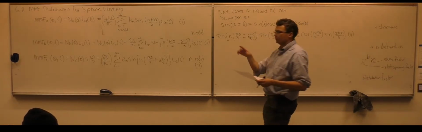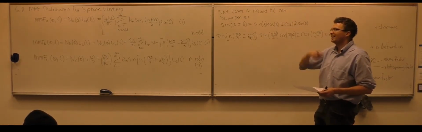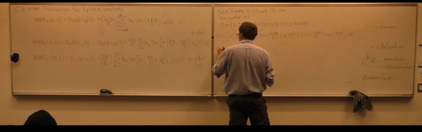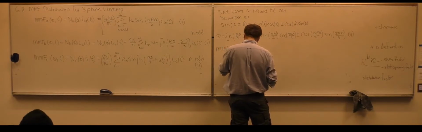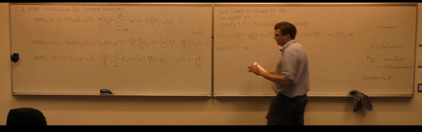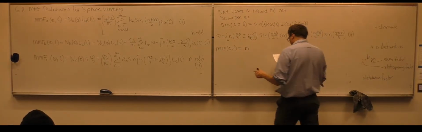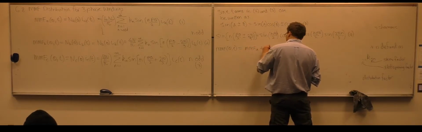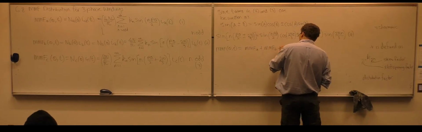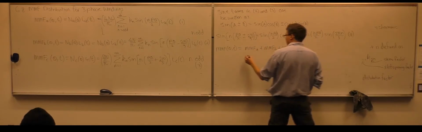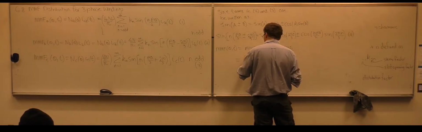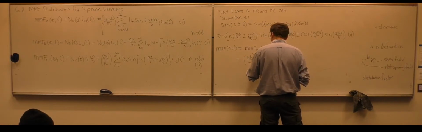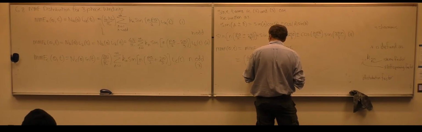In order to look at what the fields are doing, we have to add up these 3 MMFs. So the total MMF as a function of time and space, so this is spatial and temporal, is going to be the summation of all 3. So we have 4 over n pi, n equals 1, n is odd.